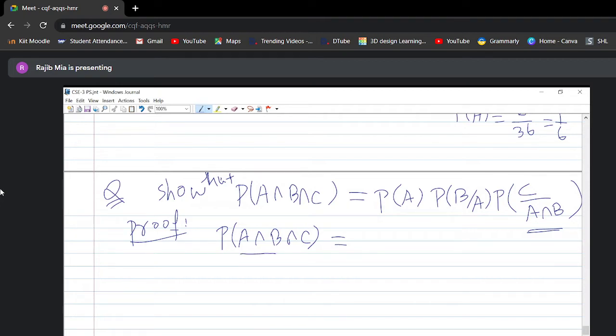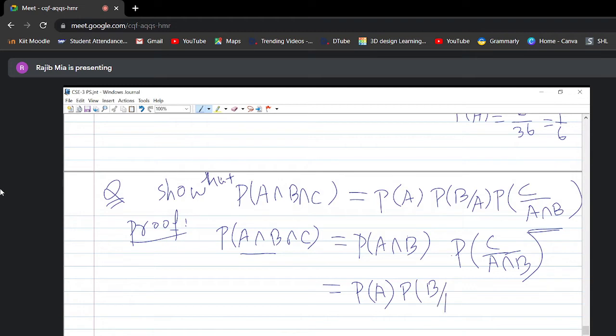Suppose this is probability of A intersection C. The formula is probability of C and then probability of A intersection B. So probability of A intersection B into probability of C by A intersection B. Again, we can write probability of A intersection B as probability of A into probability of B by A, into probability of C by A intersection B.